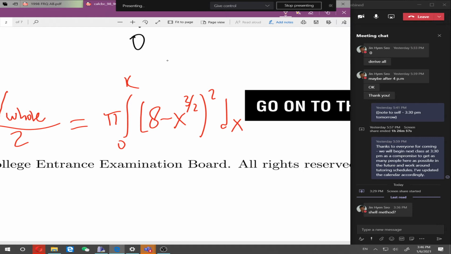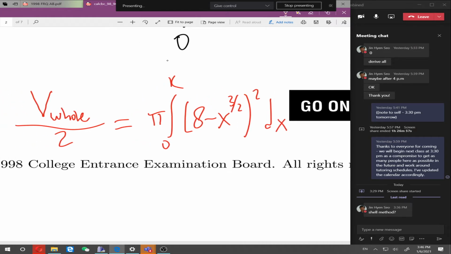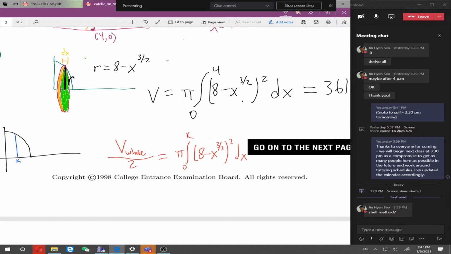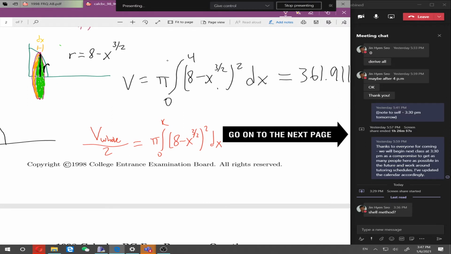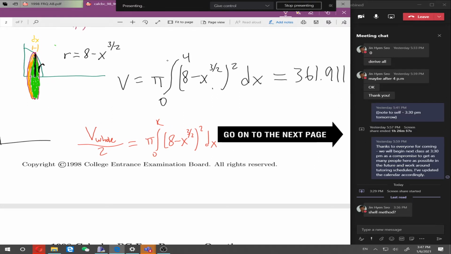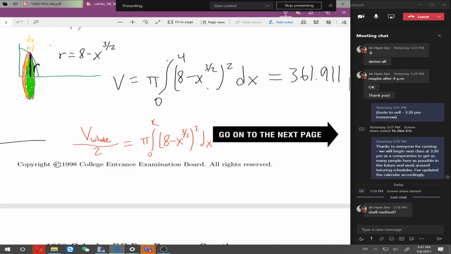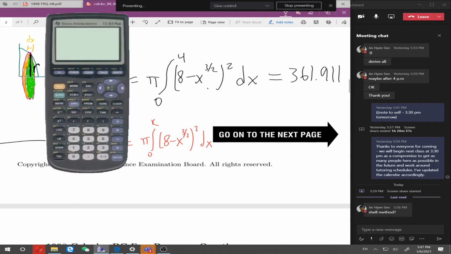I'm actually not sure how I would do this in a calculator, so I'm going to go ahead and solve this by hand, I think. We had our whole volume last time, which I wanted to divide by 2. So I had 361.911, which I think I still have in the calculator, so I'm going to divide that by pi and see if that's a multiple of pi, because it should be in the end. We'll see what that looks like without the pi in it.